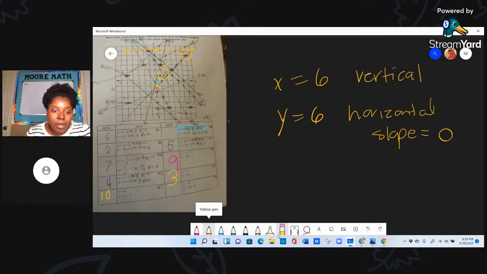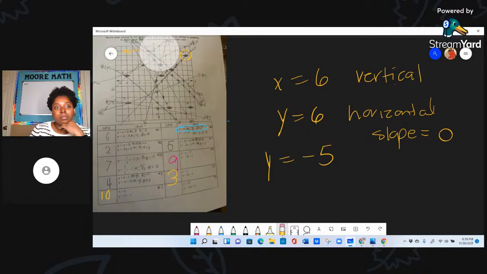Okay, so look at the last one. We have y equals -5. Is it going to be a horizontal line or a vertical line? Where do I put this -5? Down 5. So I'm starting at 0.